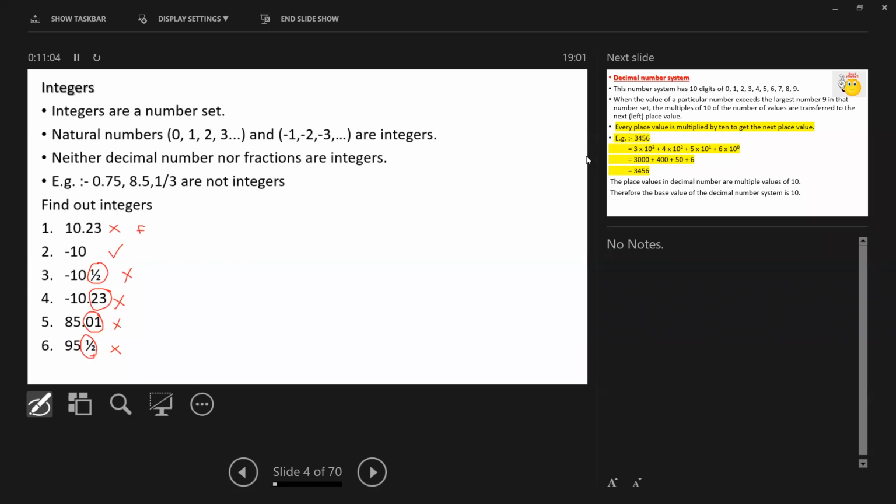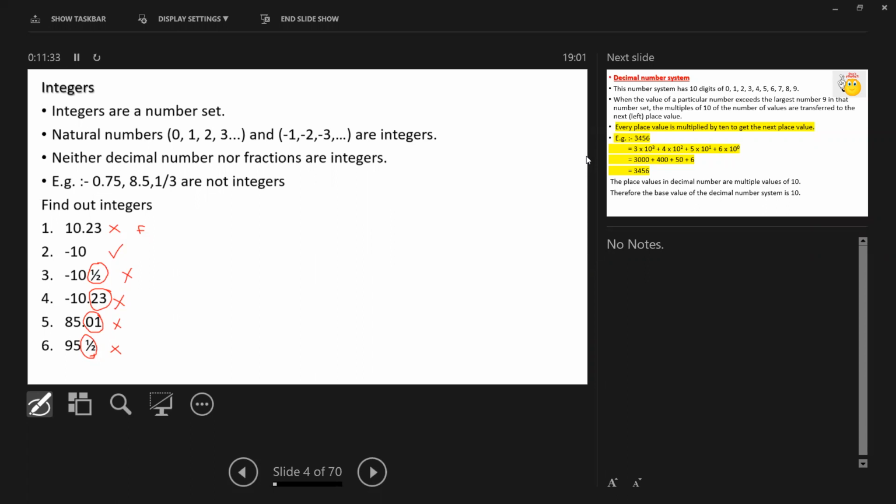Okay, next we are going to discuss integers. Integers mean a number set, natural numbers. They can be positive numbers as well as negative. So plus 0, 1, 2, 3 and -1, -2, -3 are integers. But there cannot be a decimal point. Neither decimal numbers nor fractions are integers.